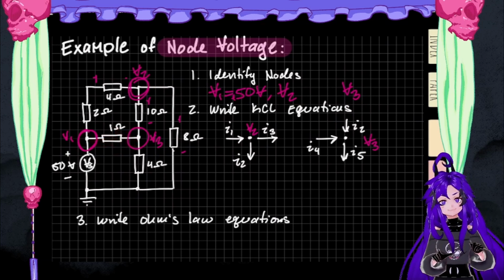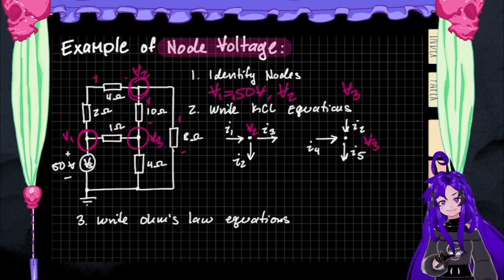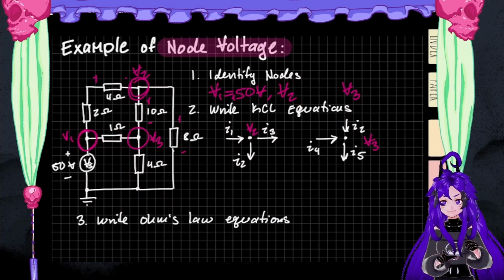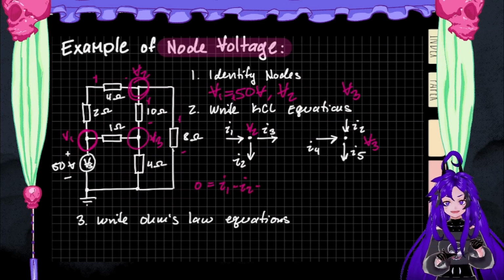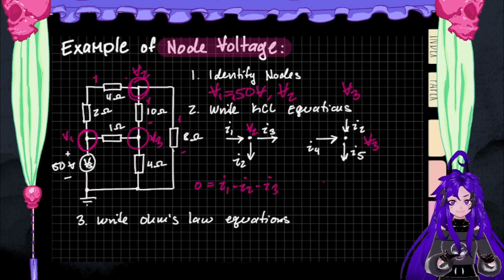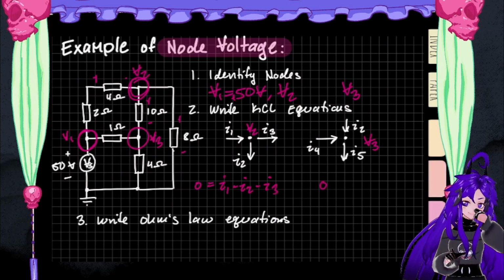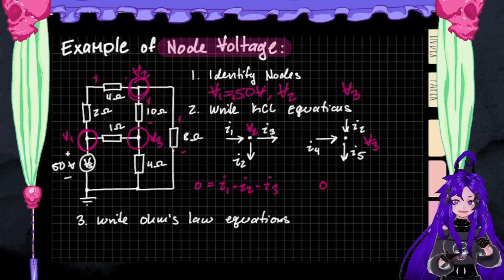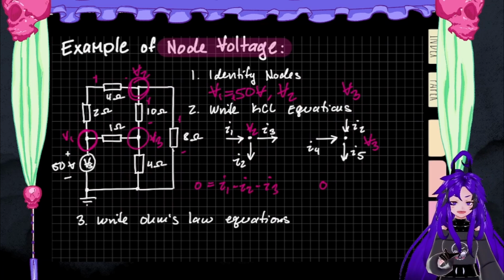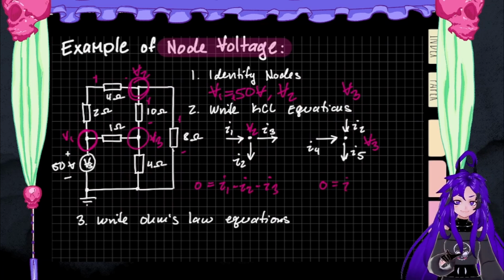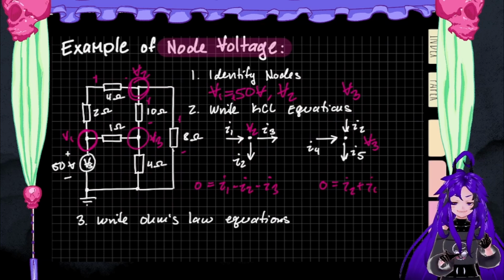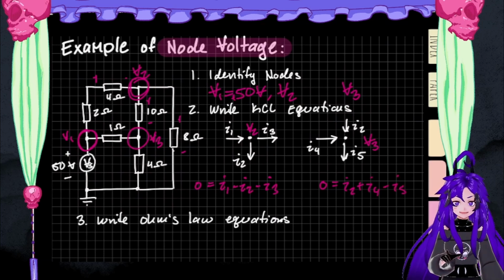So with that, we can write our equations. At V2, we're going to have 0 equals I1 minus I2 minus I3. And at V3, we're going to have 0 equals I2 plus I4 minus I5.